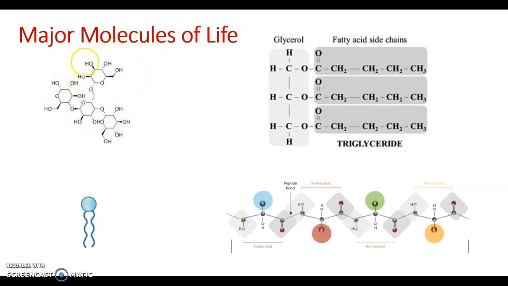And this image is of a complex carbohydrate like glycogen, and we can break those bonds, break them off to get these individual monomers of glucose to make energy out of. We have our lipids. Here's a triglyceride with our glycerol head and our fatty acid chains or tails, and our all-important phospholipid.